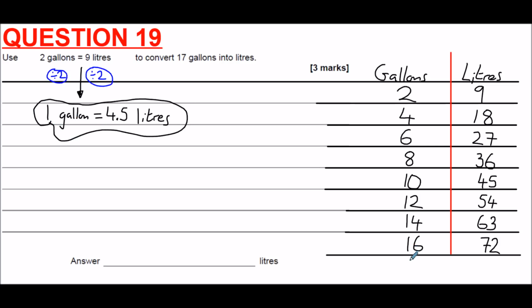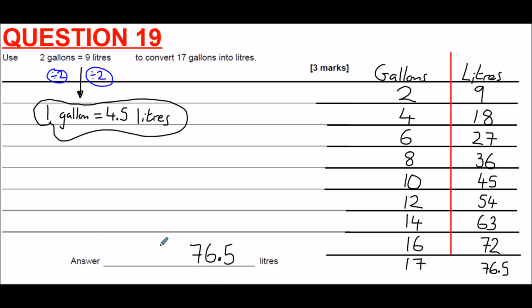And so adding on a final gallon here would take us to 17. So if we do 72 plus an extra 4.5, that would take us to 76.5 litres. So that's our answer, 76.5 litres.